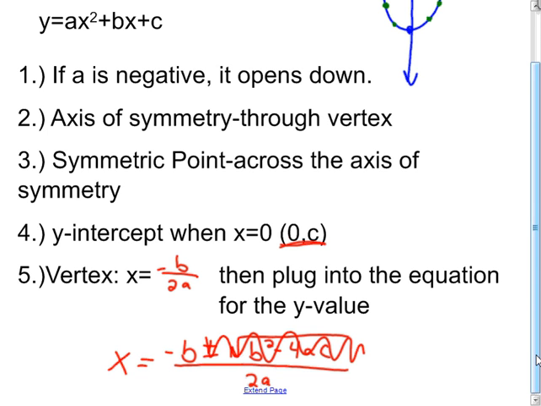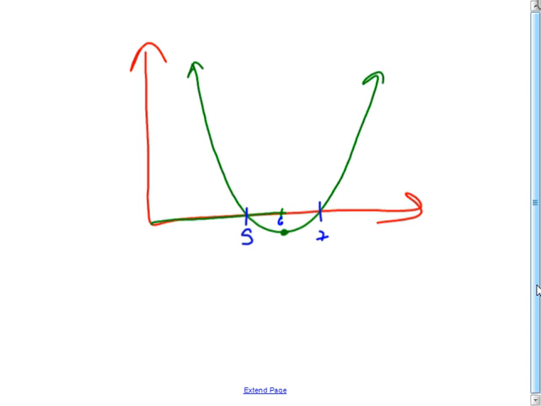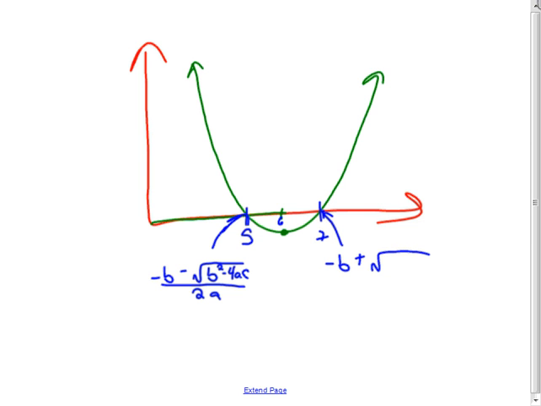So in generic terms, here's why it works. This intercept here is the opposite of b minus the square root of b squared minus 4ac all over 2a. So that's that point there. This point here is the opposite of b plus the square root of b squared minus 4ac all over 2a. Because think about it, you get two different values when you're doing the quadratic formula.